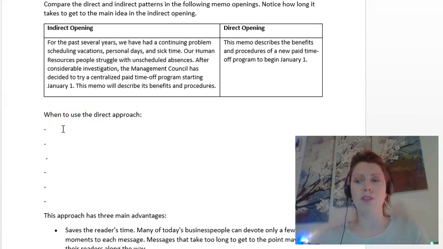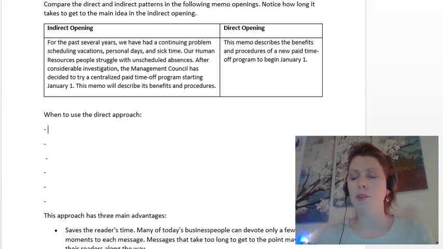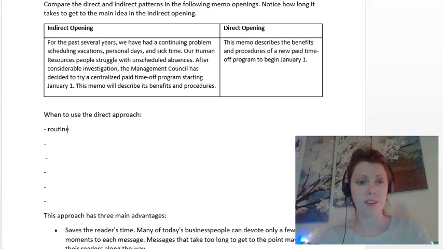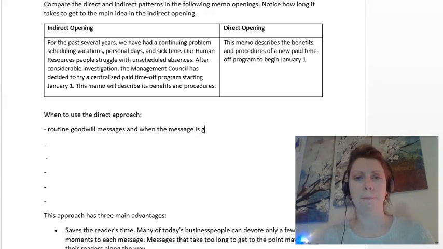Okay, so when do you use the direct approach? I've mentioned a few things, but we're going to talk about a couple more. You use it when you are writing or composing routine goodwill messages, and when the message is going to be received well. So positive reaction here.